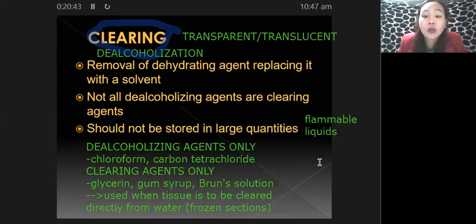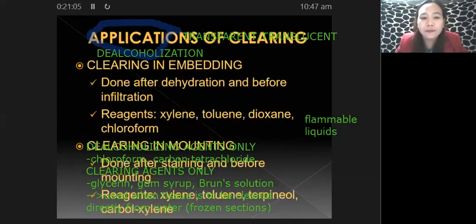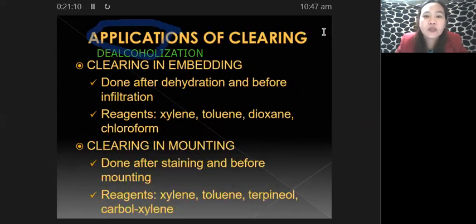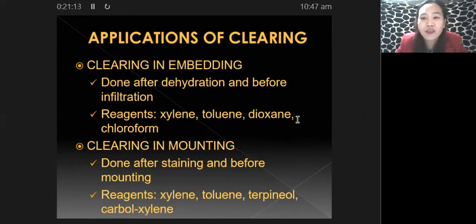Thus, their storage in high volumes is contraindicated. So those are the different purposes, as well as the precautionary measure for the storage of your clearing and or dealcoholizing agents.